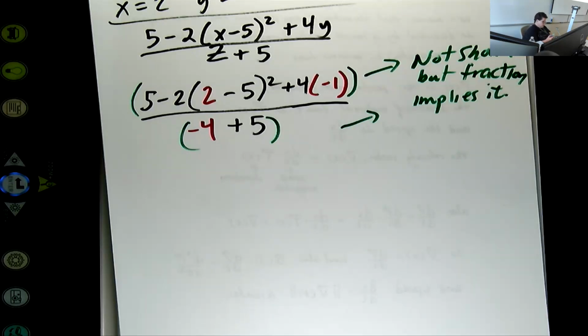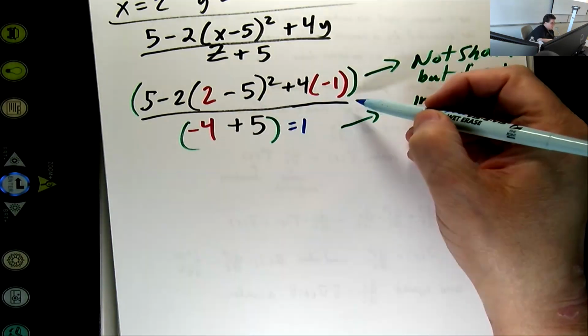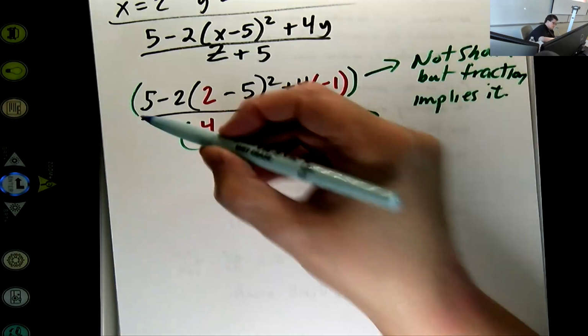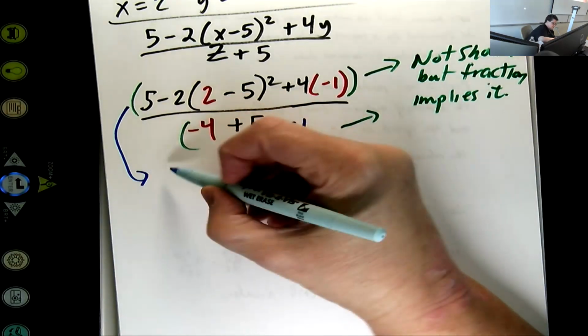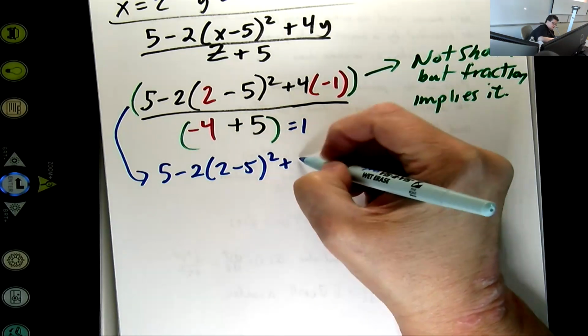The bottom is actually pretty easy. What's the bottom? It's 1. If we're dividing by 1, we don't even need the bottom anymore, right? Dividing by 1 is just the same number. Just looking at that straight away, I've made it look prettier.